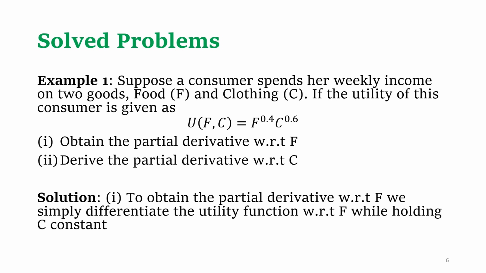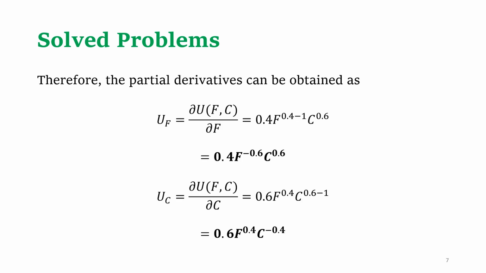Obtain the partial derivative with respect to F and the partial derivative with respect to C. Now here, we have the function U(F,C) equals F to the 0.4 and then C to the 0.6, right? So what we need to do here is obtain the partial derivative with respect to F, and then we hold C constant, right? Of course, you know what to do here.